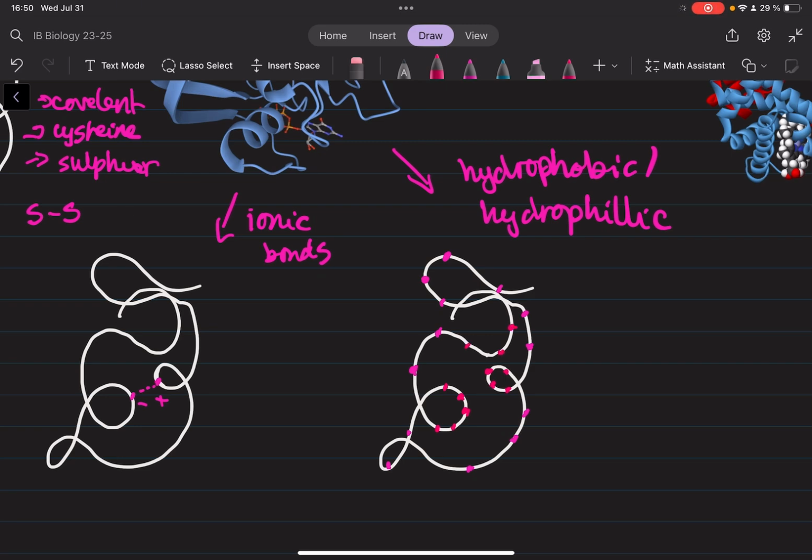Now, if we put that same protein in a nonpolar solvent, the roles would be reversed. You would get the hydrophobic amino acids on the outside, and the hydrophilic amino acids on the inside, trying to stay away from the solvent.